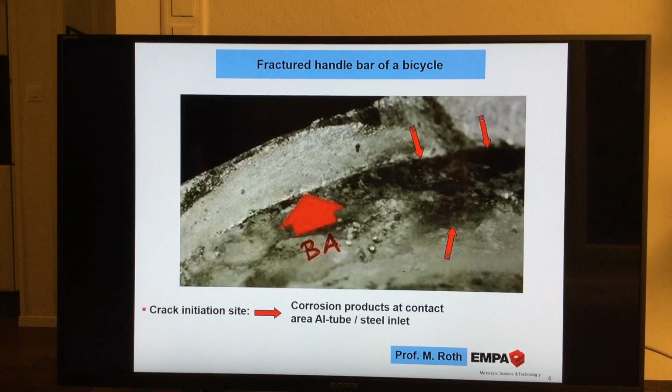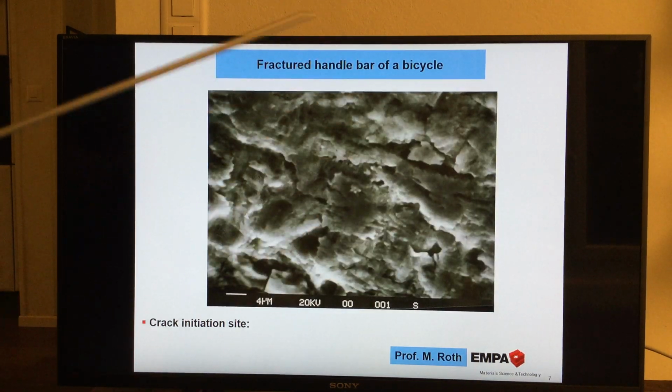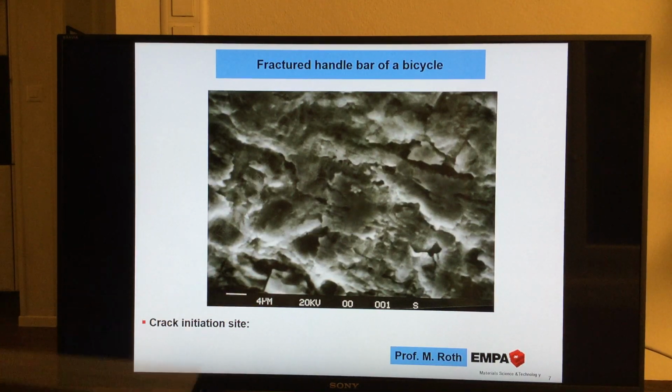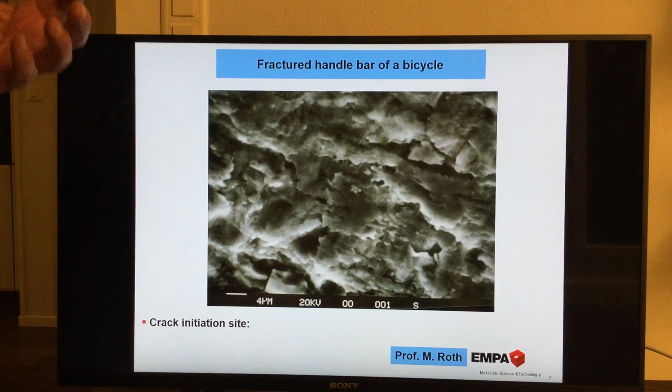Now we watch at this area at a higher magnification, inside the scanning electron microscope. And what do we see there? At a higher magnification, look, this is 4 micrometers. Nearby the crack initiation site, the surface here is quite rough, really rough.